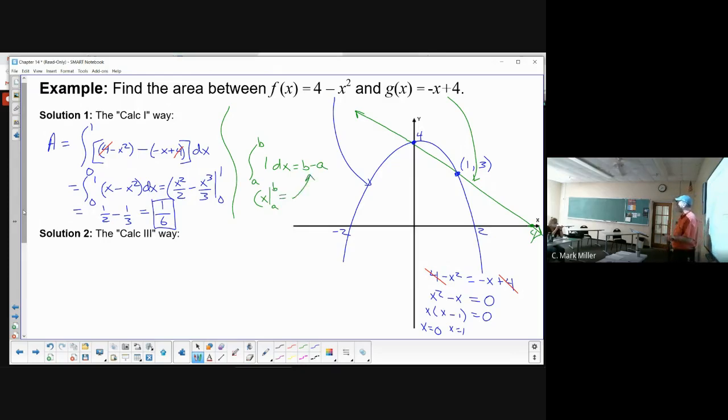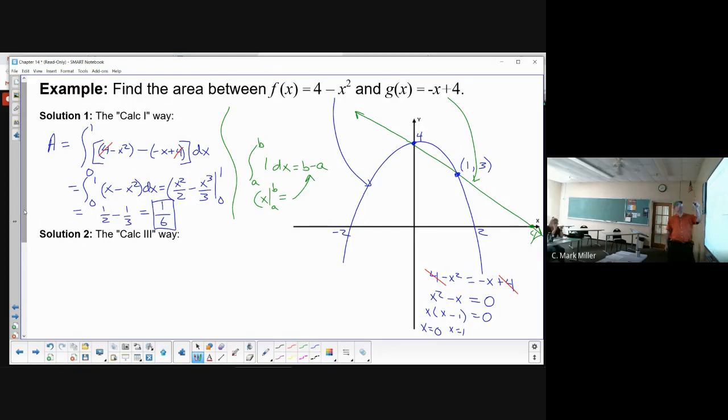So the integral of 1 was the width of the interval. Linear width, linear measure. In Calc 3, it's going to be area, right?